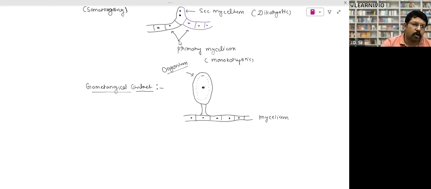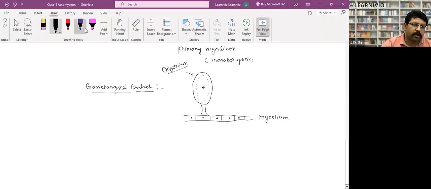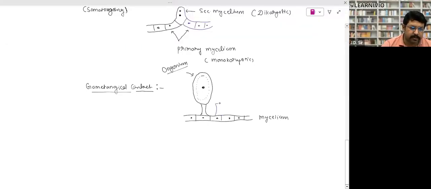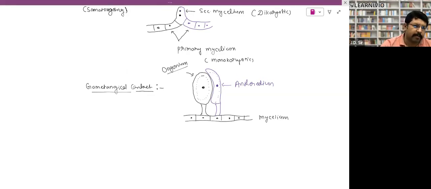In the same branch, along with the oogonium, formation of a male sex organ will take place. This male sex organ will be in contact with this female sex organ. This male sex organ is called antheridium. During the sexual reproduction, what will happen?